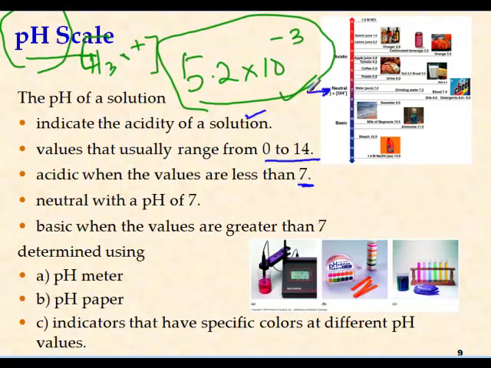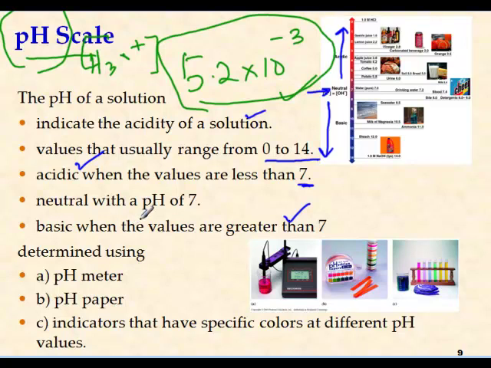Values greater than 7, towards 14, are bases, and values less than 7, towards 0, are acids. So we have a scale that is easy to read once we convert this value into a normal whole number.